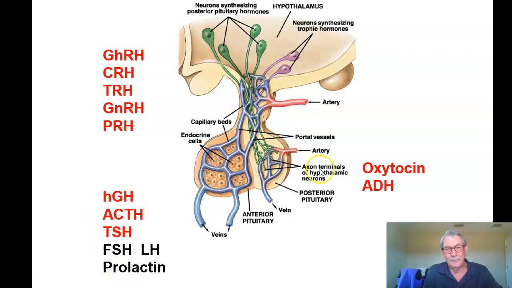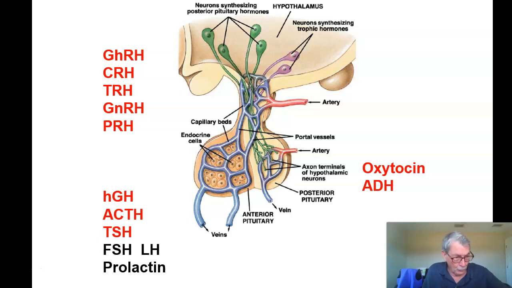Okay? And then out of the posterior pituitary, directly from those neurons, you release your two neurohormones, oxytocin and antidiuretic hormone. Now, it does sound like a lot right now, but if you say this about 10 times, write it down on a napkin during lunch.